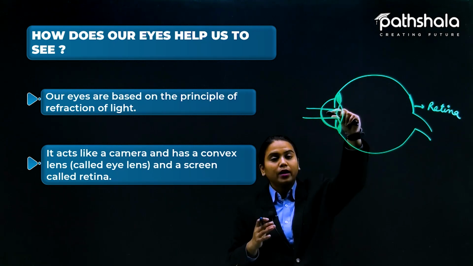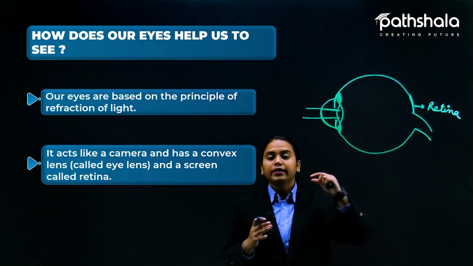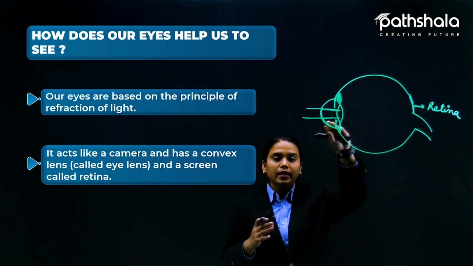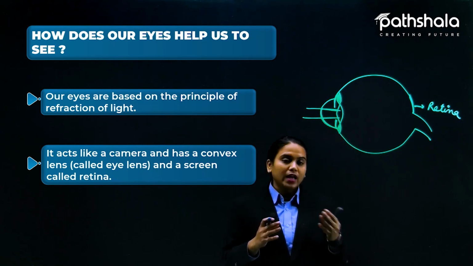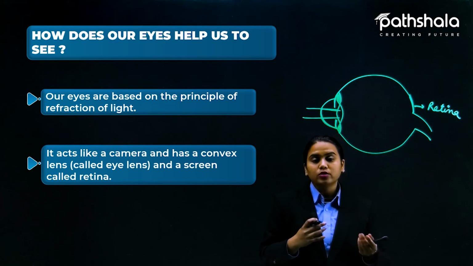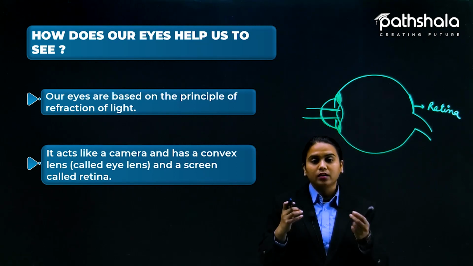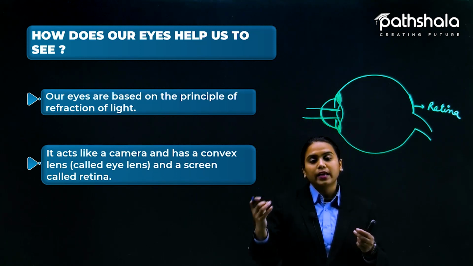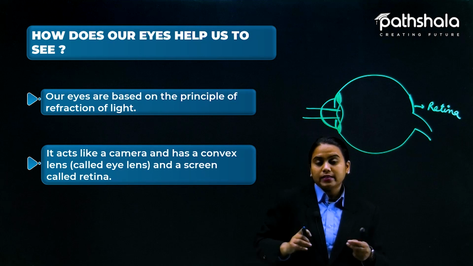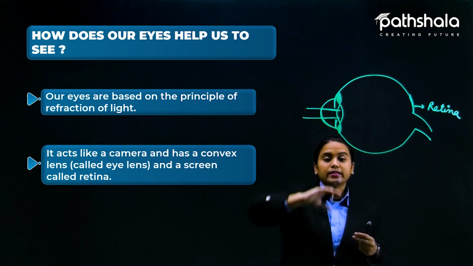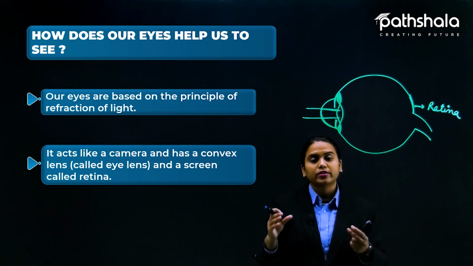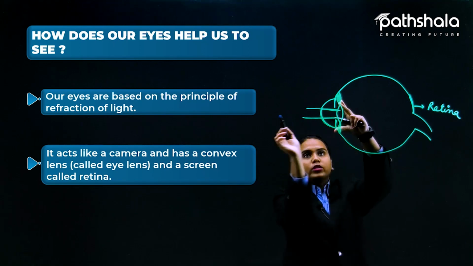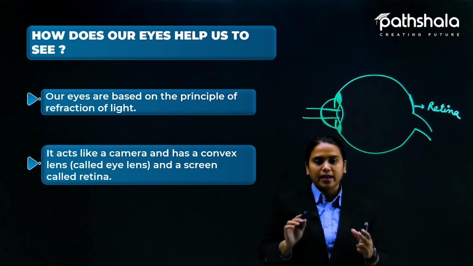Then the hole will become small and the amount of light inside the eye will be little, so even a small amount of light is able to see the things clearly. And when it is dark, the iris contracts itself and the size of the pupil gets enlarged so that a large amount of light gets inside.